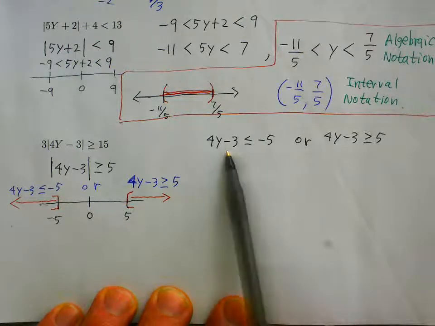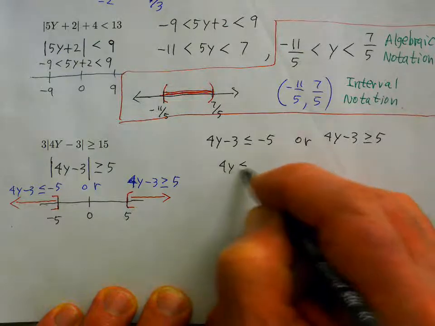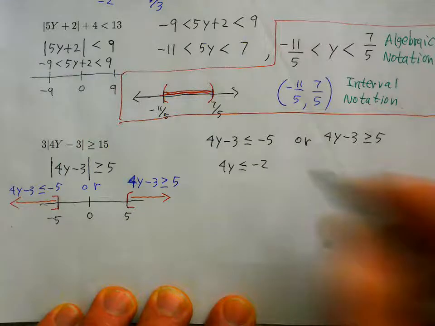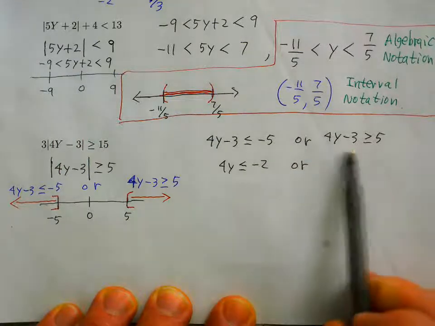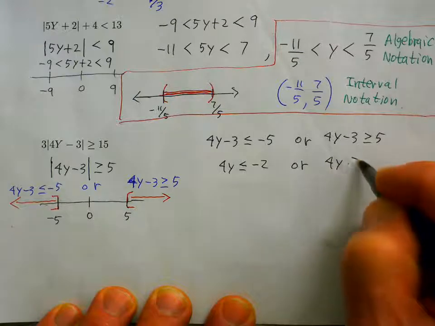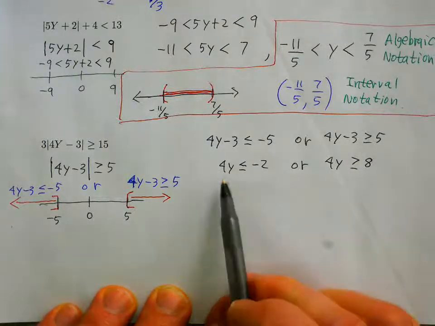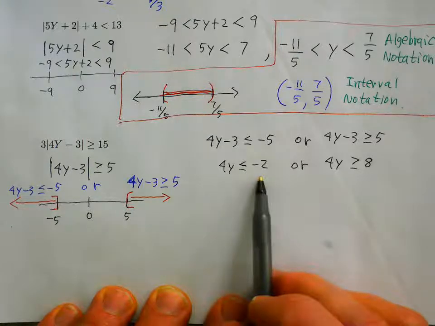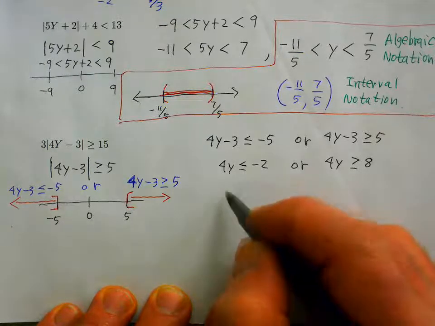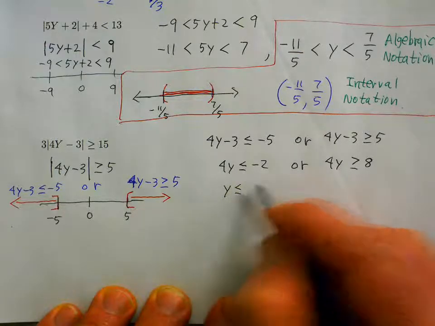So we add 3 to both sides. We get 4y is less than or equal to negative 2, or, and then when we add 3 to both sides of this, we get 4y is greater than or equal to 8. And then divide both sides by 4. 4y is less than or equal to negative 2, so y is less than or equal to negative 1/2.